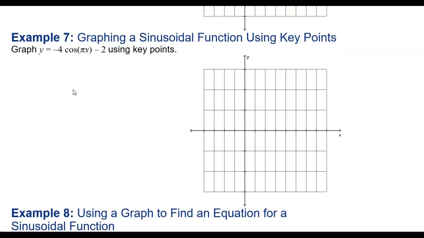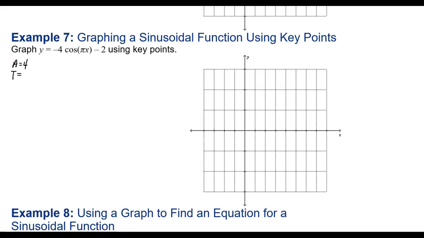All right, let's do this again. However, this time it's a little bit more tricky. One, we're dealing with cosine. Not only are we flipped and vertically stretched, but now we actually have a vertical shift to play with as well. So first things first, amplitude equals 4.